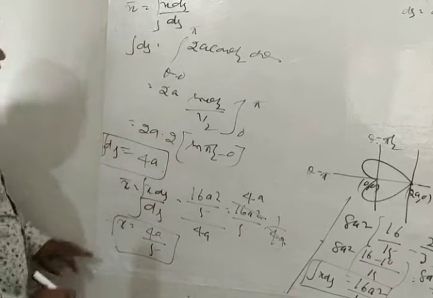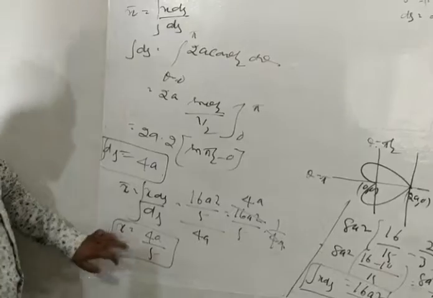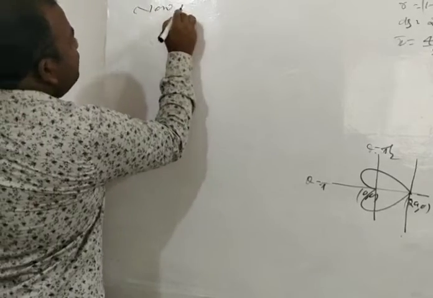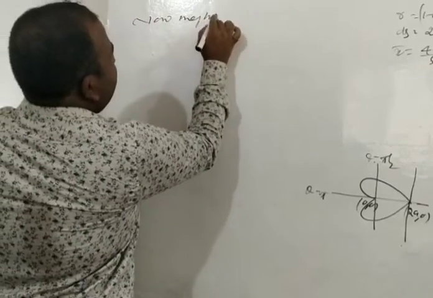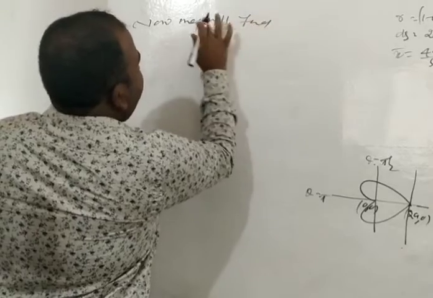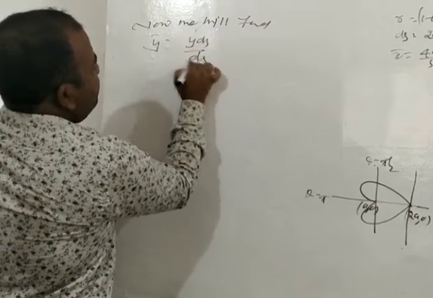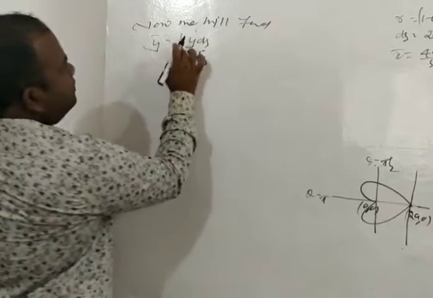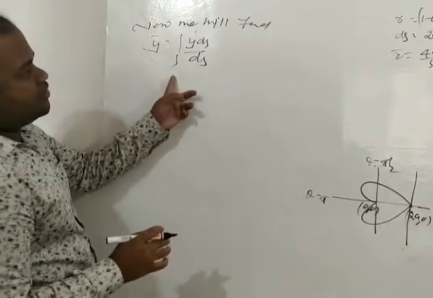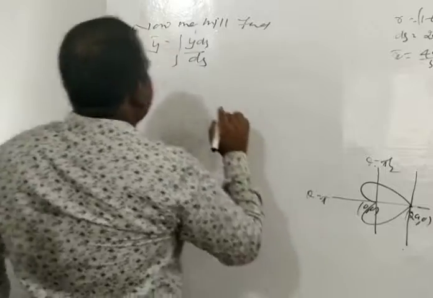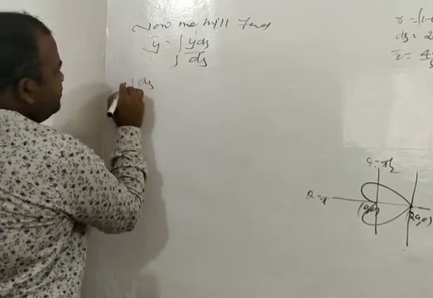Okay. So now you will find the value of y bar. y bar equals integration of y ds upon ds. First we will find the value of y ds, and ds was already calculated as 2a cos theta by 2. So this is integration of y ds.